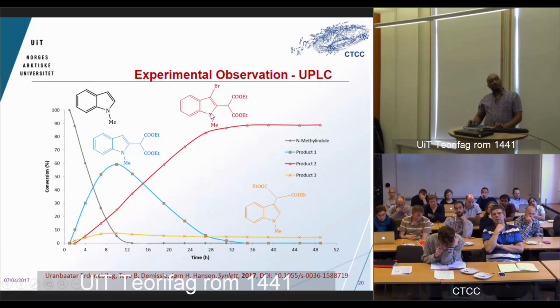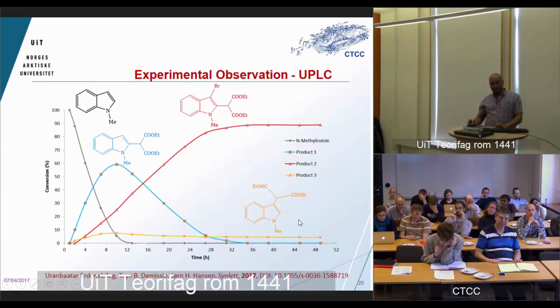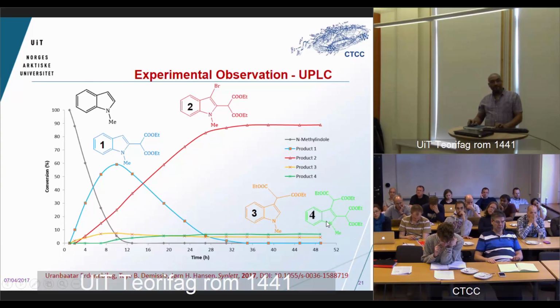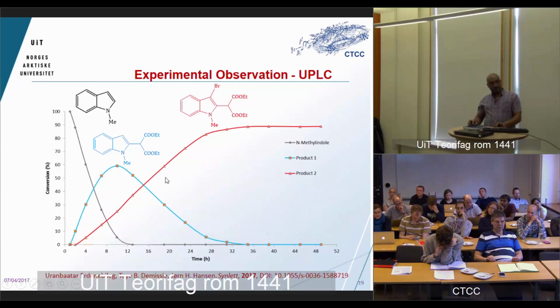In addition to this one, which is about 84% yield, the rest is going to some kind of newly formed C-C bonds. In this case too, we have a monofunctionalized and a difunctionalized methyl indole. And the fourth one is this one. So we have two species.